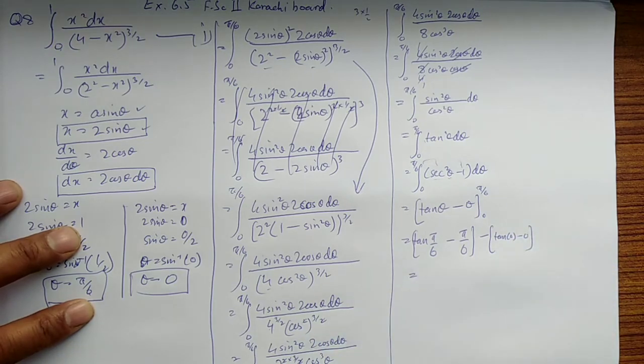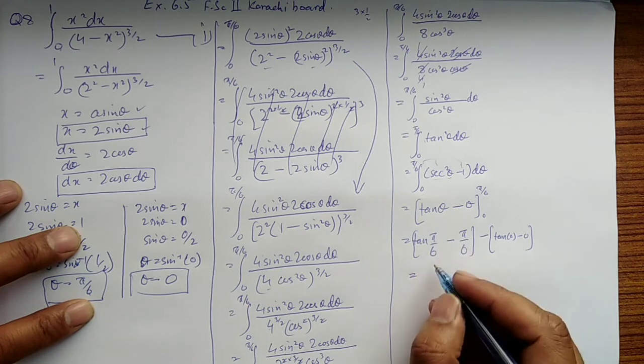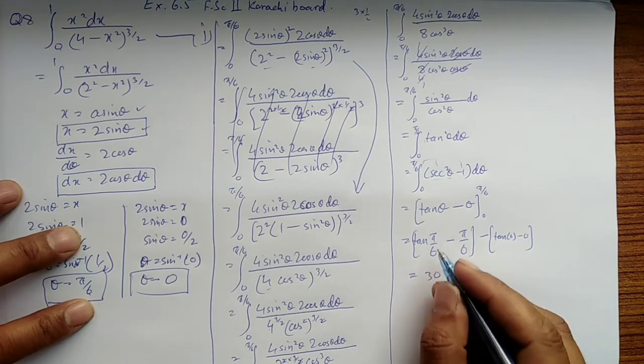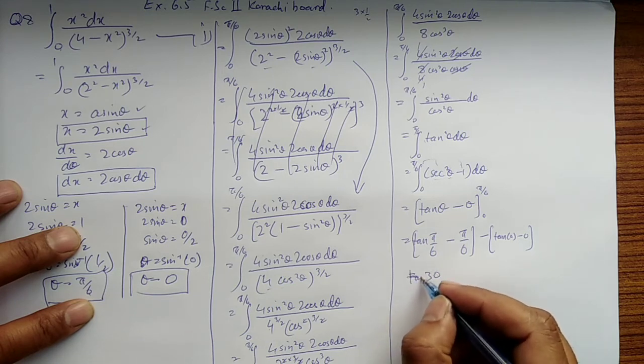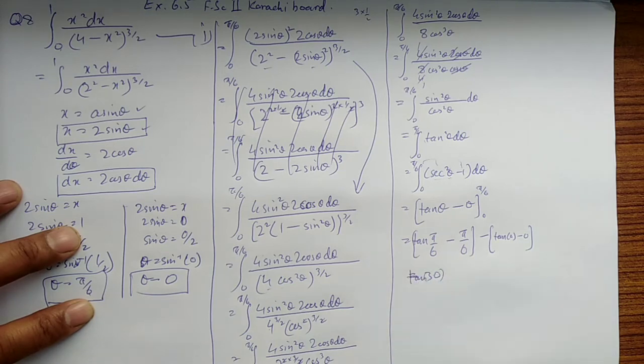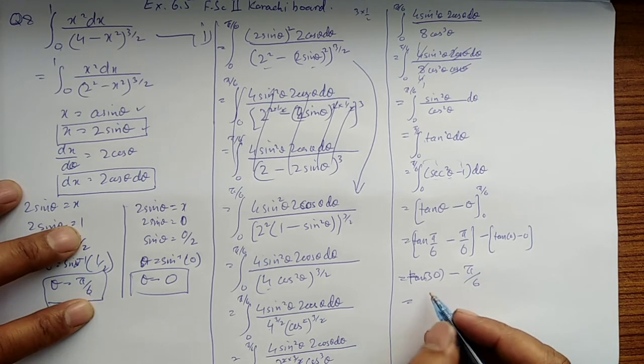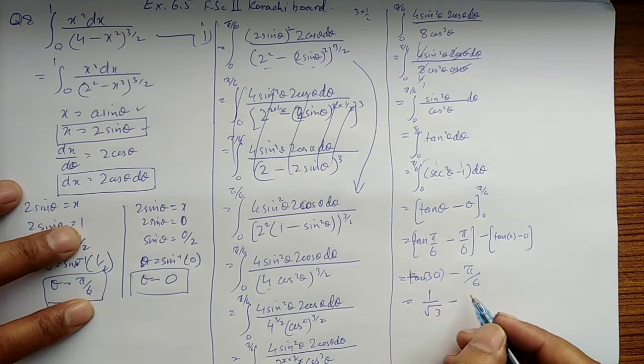Okay, now tan pi upon 6 is tan 30, which gives a value of 1 upon under root 3, minus pi upon 6.